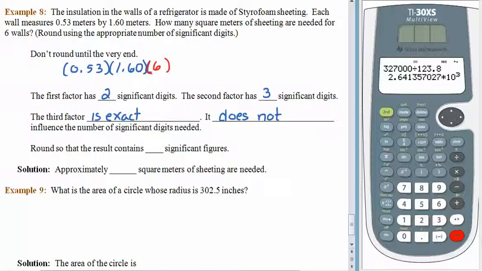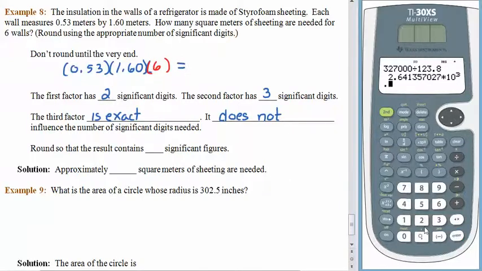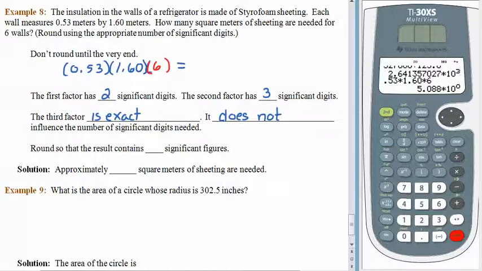All right, so let's do the calculation and see what we get. 0.53 times 1.60, if you like, multiplied by 6 gives us 5.088. It appears that I have left my calculator in scientific notation mode, but that's okay.